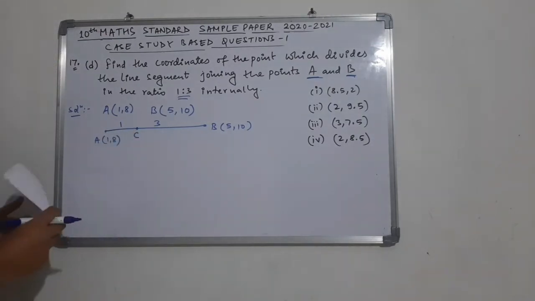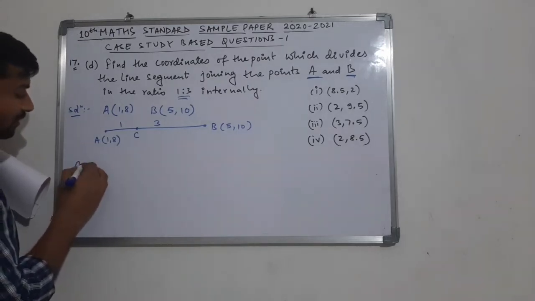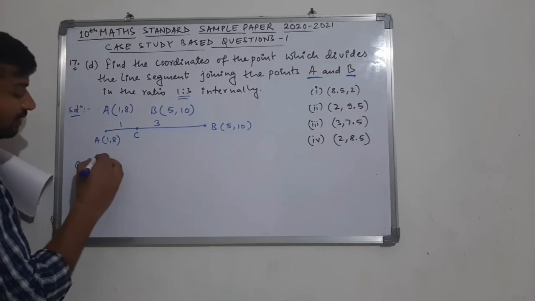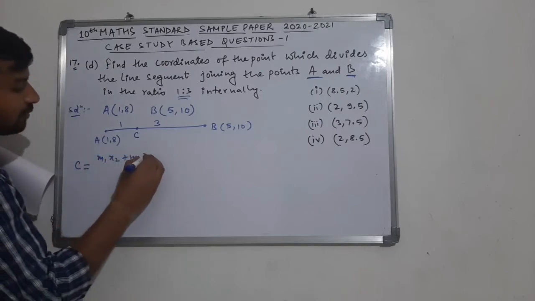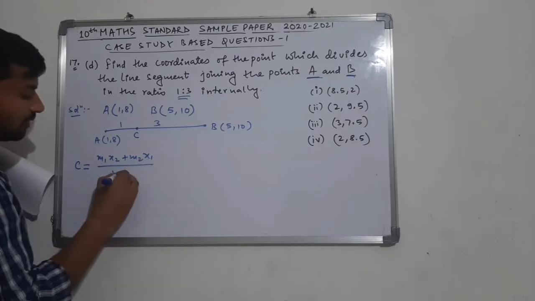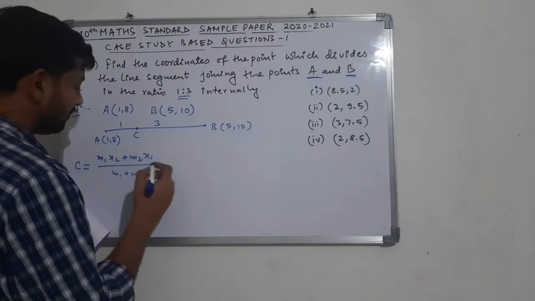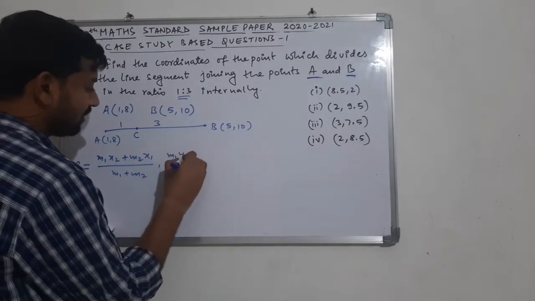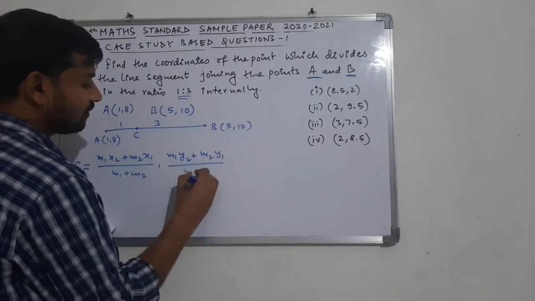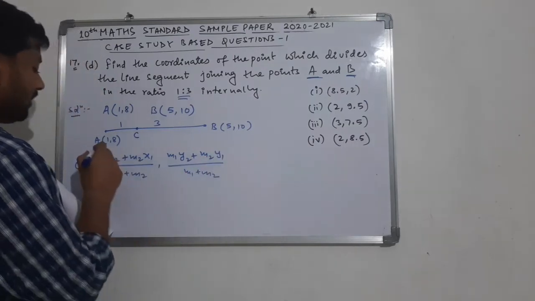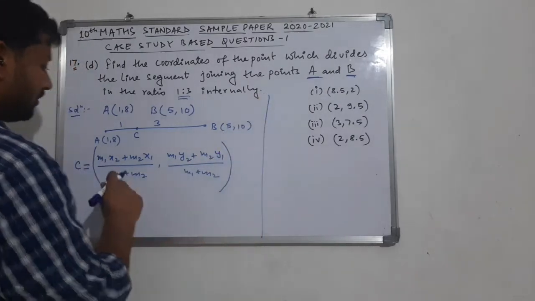Clearly this is a question of section formula, and by applying section formula we can find out the coordinates of C. The formula is m1 x2 plus m2 x1 upon m1 plus m2. This is the x coordinate, and the y coordinate here is m1 y2 plus m2 y1 upon m1 plus m2. Clearly we have to replace x by y in the first value.